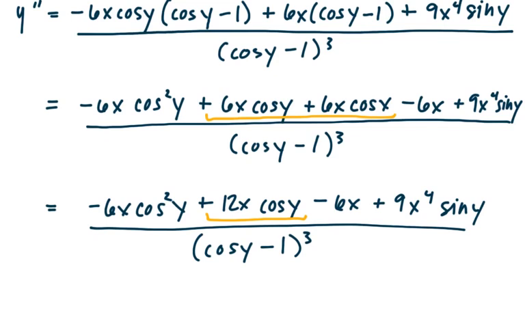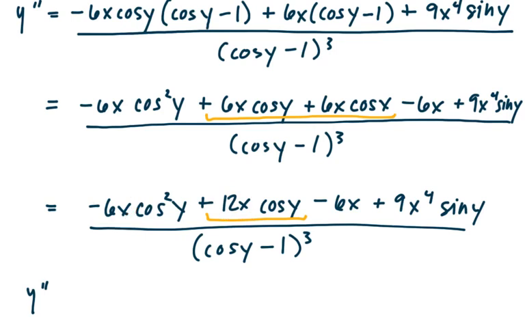And at this point, our last step for finding that second derivative would be to factor a negative 3x out. I can pull 3x out of all of the terms. They all have a 3x hiding in them.